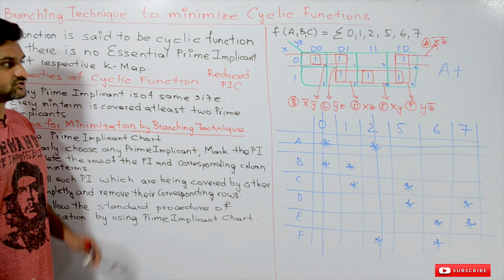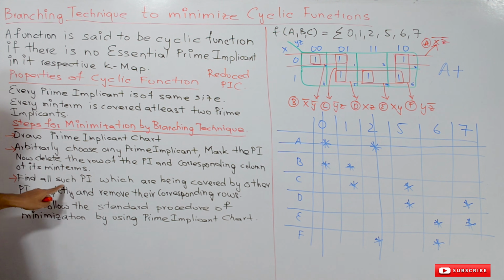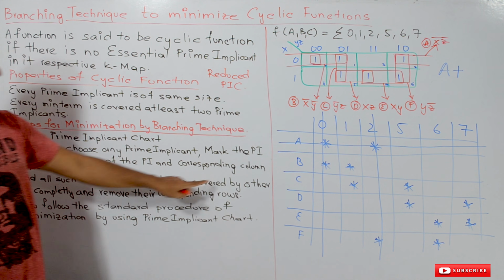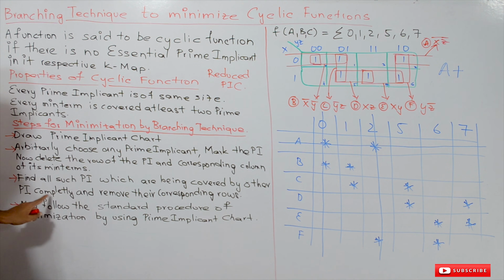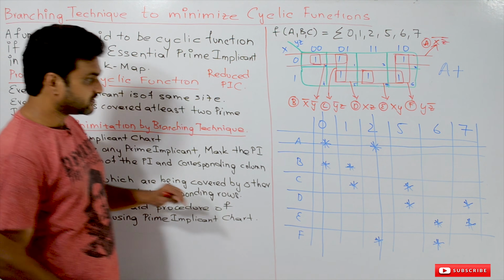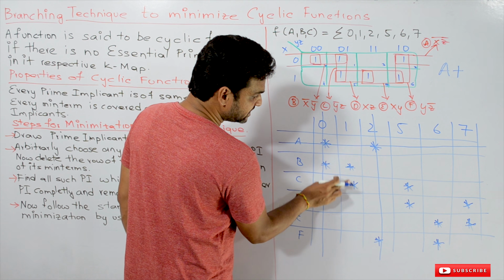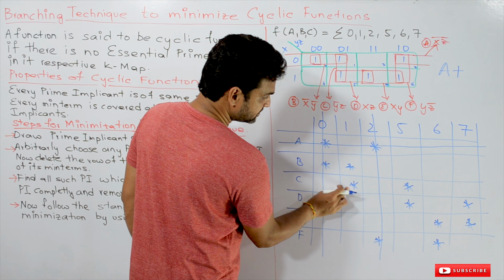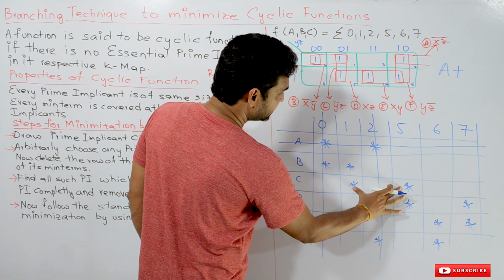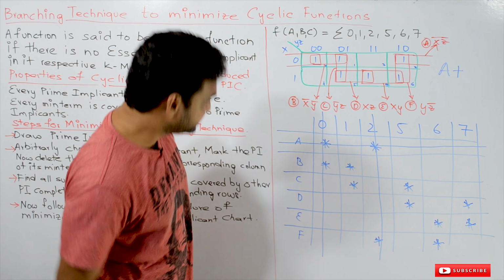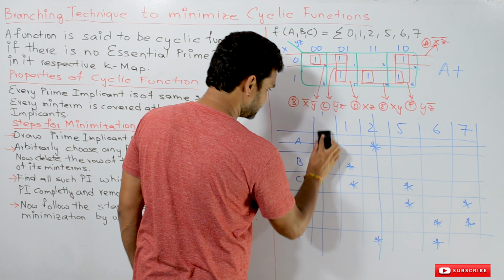Okay. So now the next step is to find all such prime implicants which are completely covered by other prime implicants. Now if you take B, this B is completely covered by C. C is covering 1 and 5. We will delete these two, so it does not create confusion.